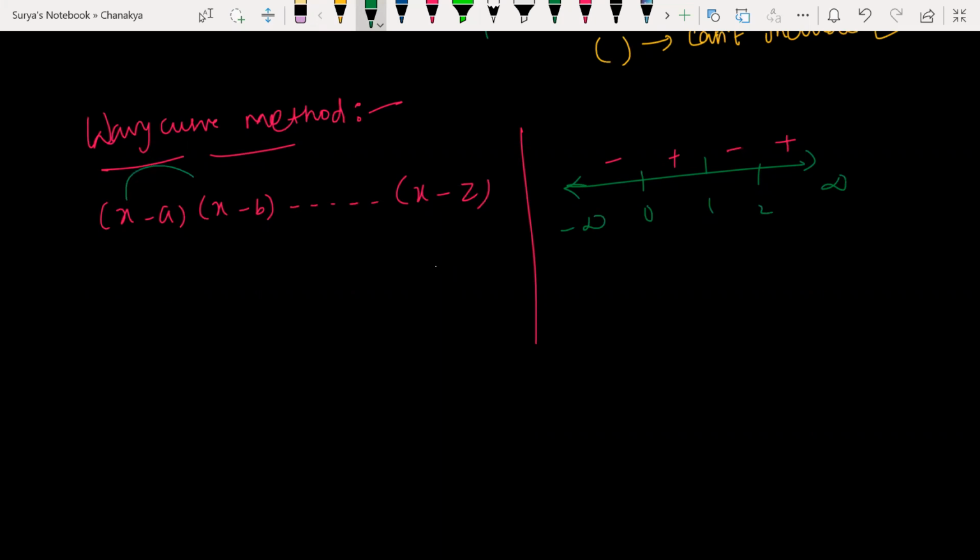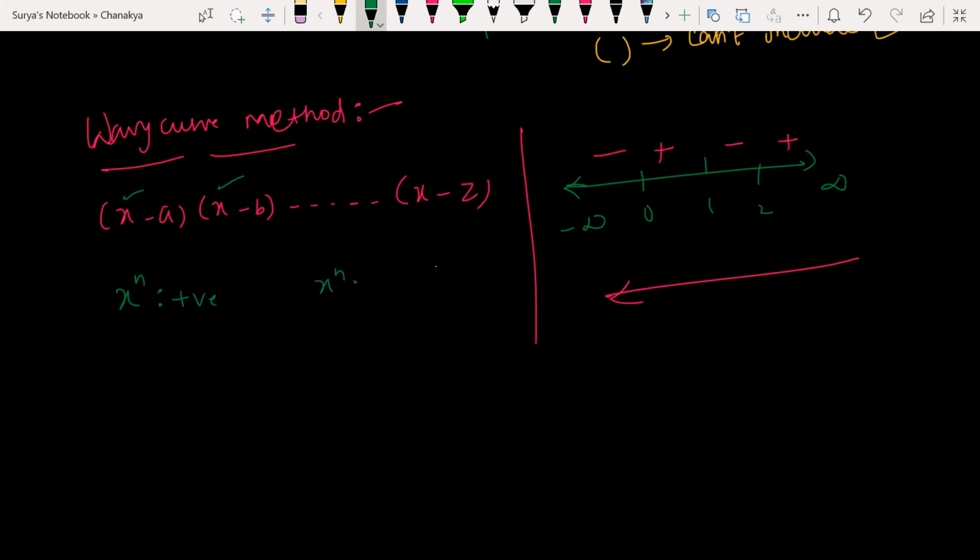Look at this here: x into x into x into x, x total n times, which means x to the power of n. If it is positive, you start blindly from the right hand side: plus, minus, plus, minus.